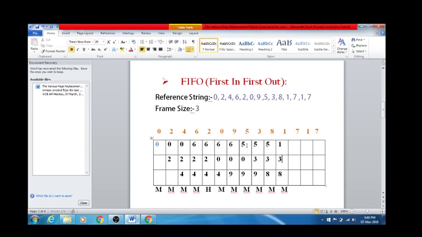Accounts for a page miss again. Now I have 8, I have 1, and I have 3. I need to make space. 1 was the latest number to come in. Before it was 8, and before that it was 3, so clearly I'm going to replace 3. Accounts for a page miss again.